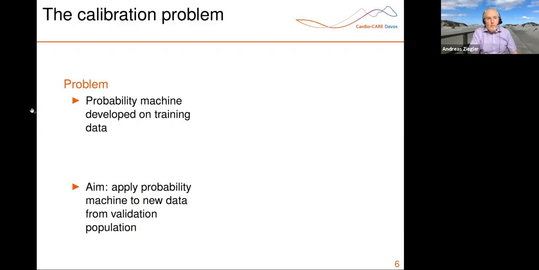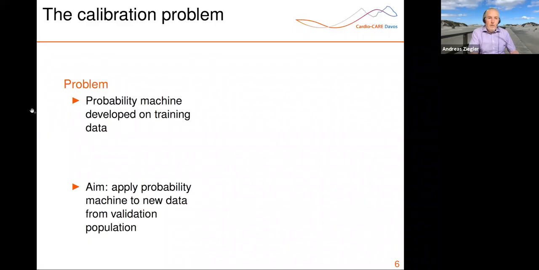You can estimate probabilities from support vector machines, and there are a whole bunch of other machine learning methods that can be used. So now assume that you have developed your probability machine on your training data. And then the aim, and this is the main issue here, is that you want to apply this probability machine to new data from a validation population.